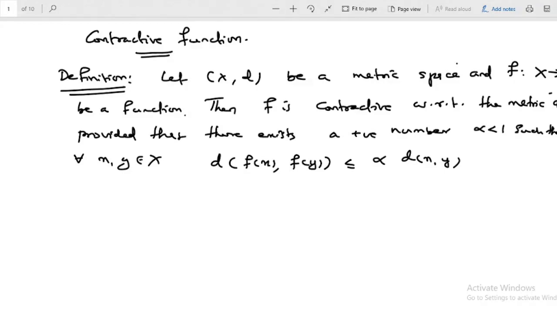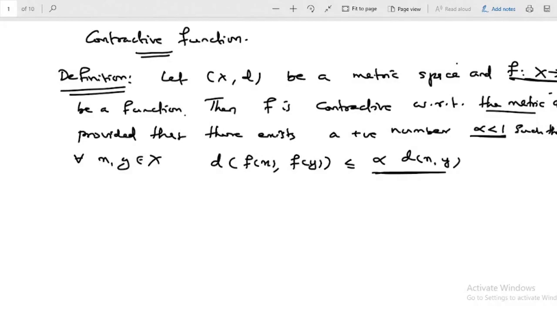It is a contractive function from a metric space to itself. It is, first, a function from a metric space to itself. Then it is contractive with respect to the metric d if there exists a positive number alpha which is less than 1. If you multiply the distance of x and y with alpha, then this part becomes less.